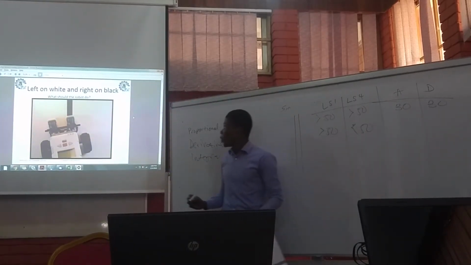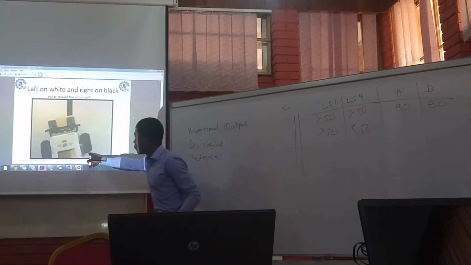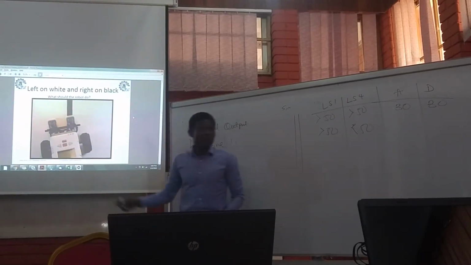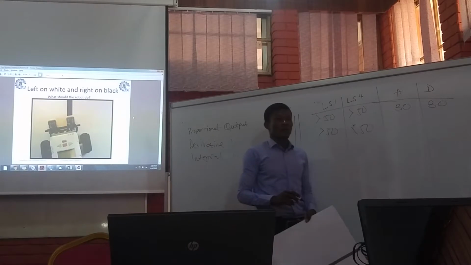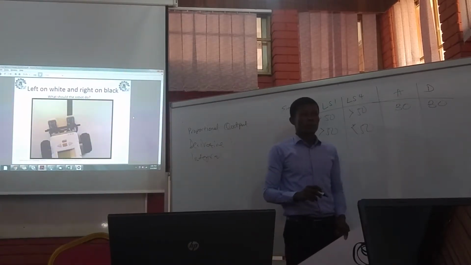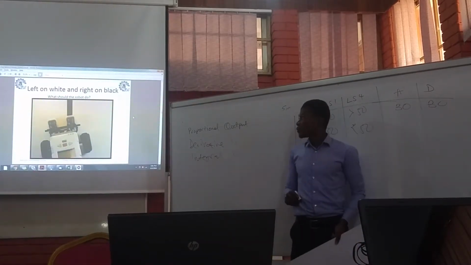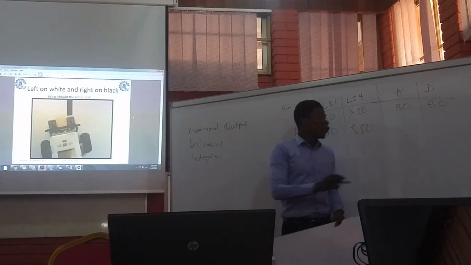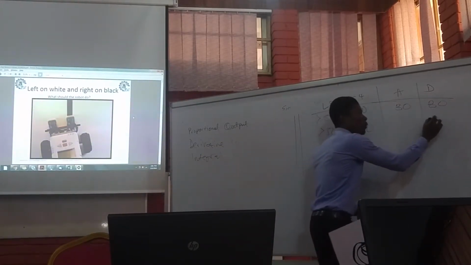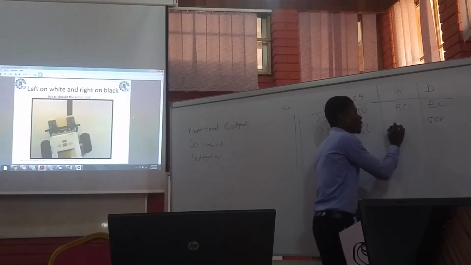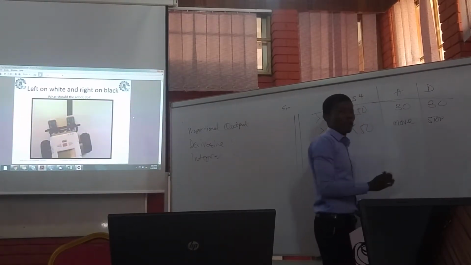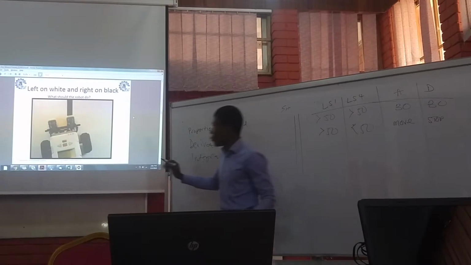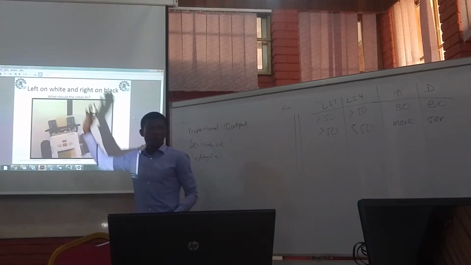Let me name this motor A and motor D. Which of them should stop? D should stop, and A should move. Then it will correct the robot by bringing this one back on track.